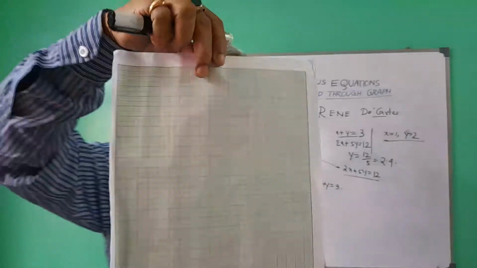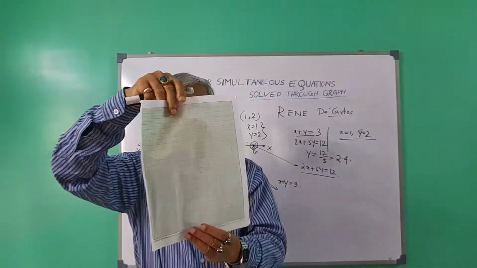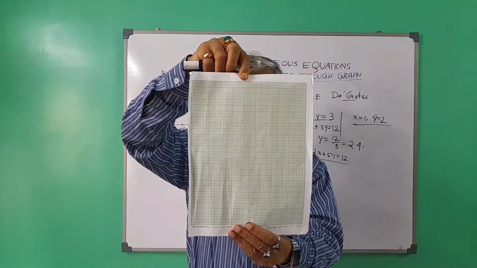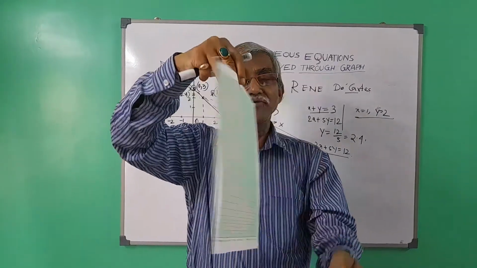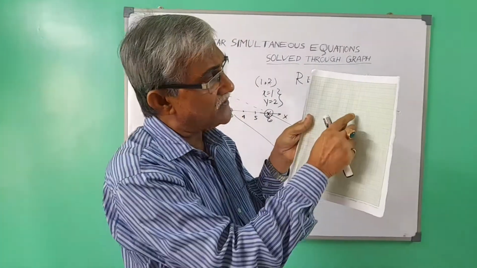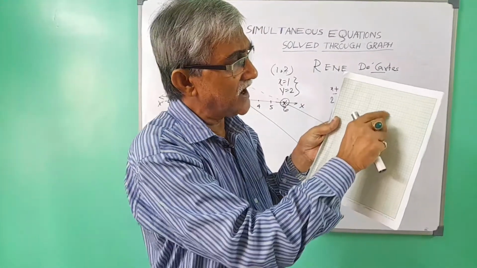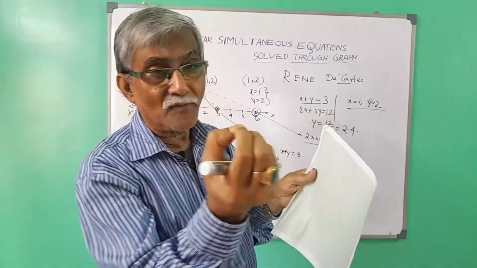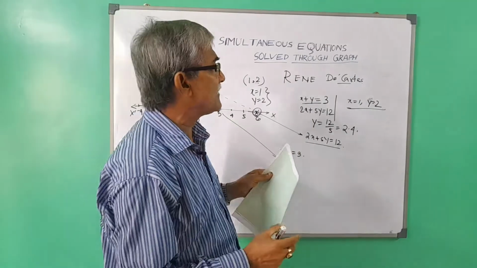You can see it here. I am putting it before the camera, this type of paper we call graph paper, and you can see the squares. The minimum square is 1 millimeter by 1 millimeter, and 1 centimeter is subdivided into 10 divisions, that is, each smaller square is 1 millimeter by 1 millimeter.